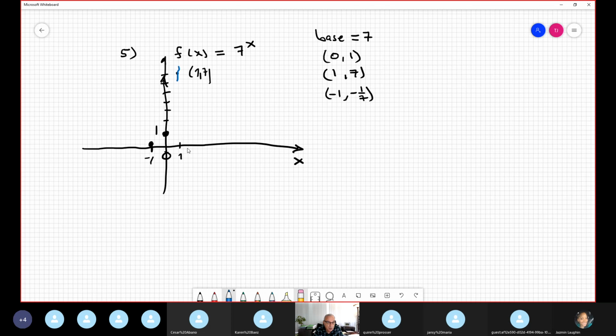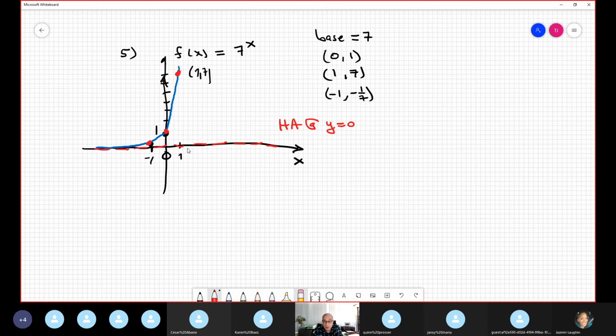I also remember we always have a horizontal asymptote at y equals 0. 3 points, 1, 2, 3, enough to do any graph.